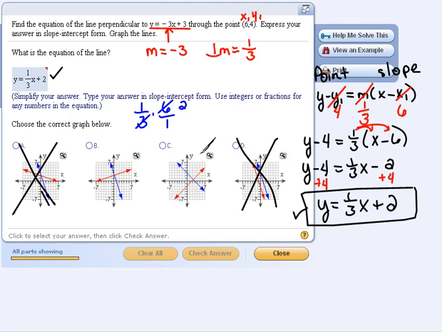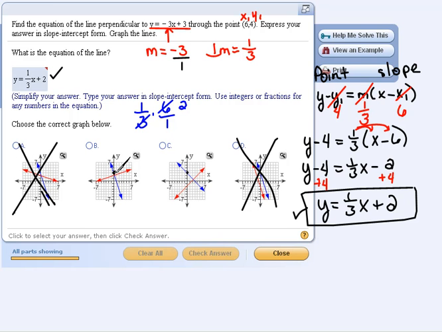Well, what we have here in our original equation is a line that goes through the y-intercept at positive 3. So we're going to have a y-intercept at 1, 2, 3. That one is also. And then we have a slope of negative 3, which is the same thing as saying negative 3 over 1.